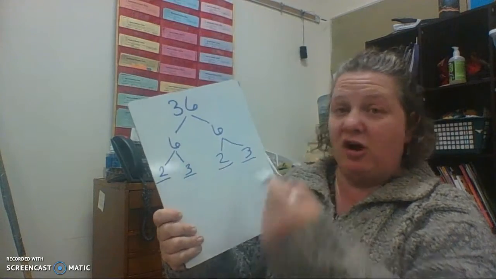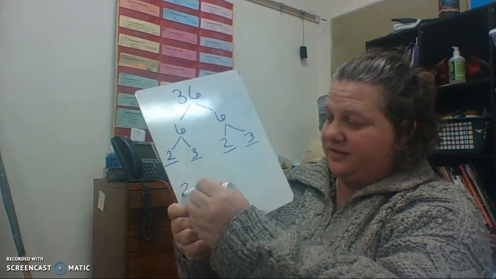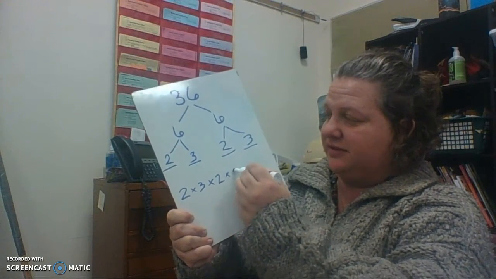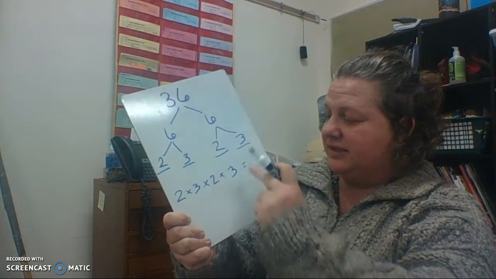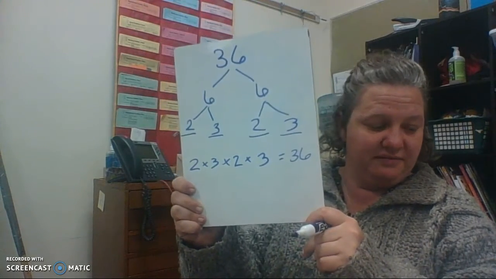We make sure that they're all prime, and yes, they are. And now we have 2 times 3 times 2 times 3 equals 36. And that is our prime factorization.